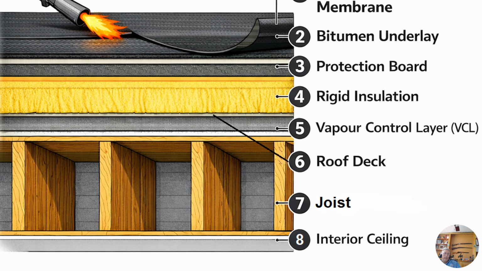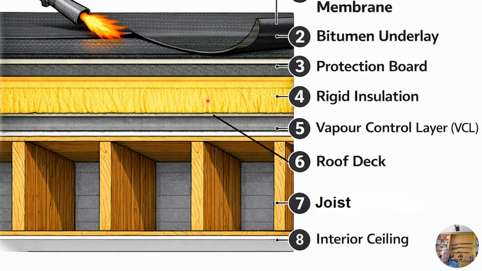So here's another graphic I made, and you can screen print this if you want and use it. You're welcome to do so. Starting at the top, you have the top membrane, the top surface. Number 2 is the bitumen underlay. Then there's a protection board, rigid insulation, which is a big difference between homes and commercial buildings. So the insulation is outside the sheathing, right?